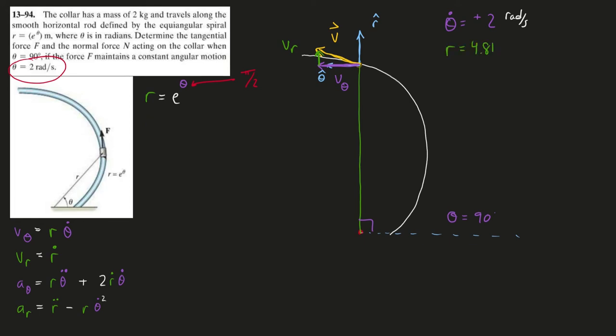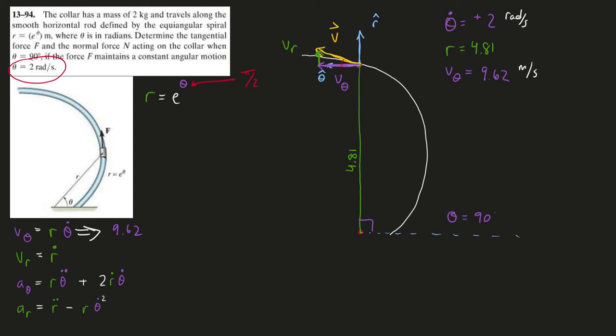So I'll make sure I reflect that in the picture. So 4.81 times that 2 gets me a 9.62 as our transverse velocity component. Units will be meters per second.